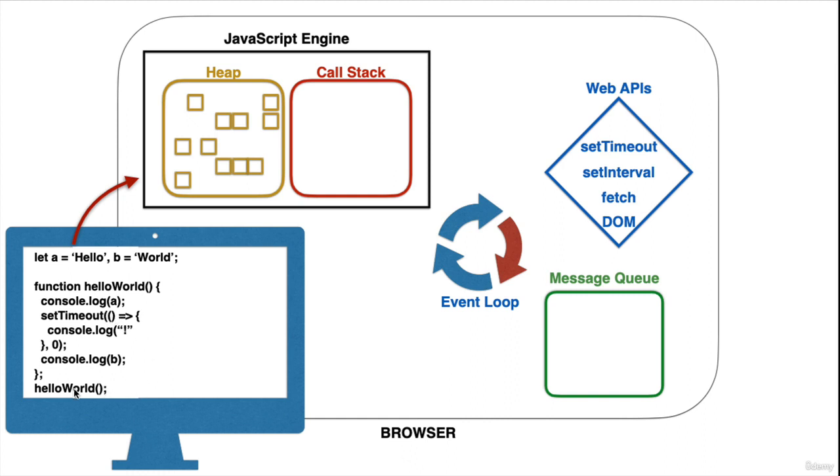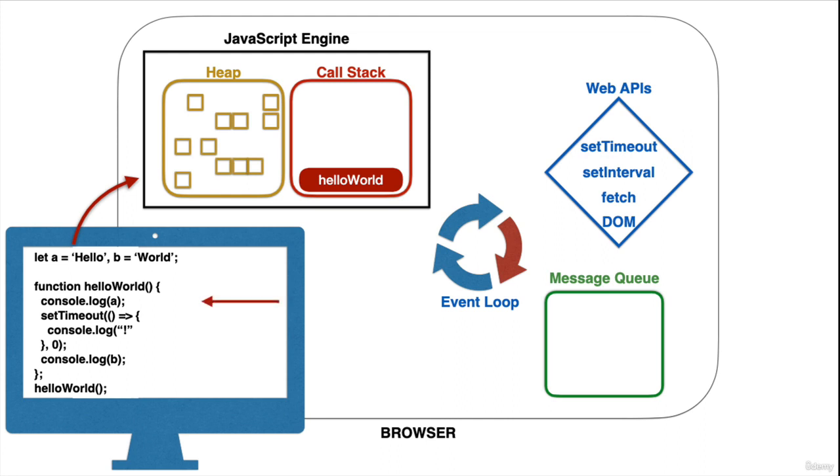We've gotten to the point where the hello world function is invoked. So let's continue to walk through that. The invocation of the hello world function is added to the call stack, and then it begins working through the commands inside that function.